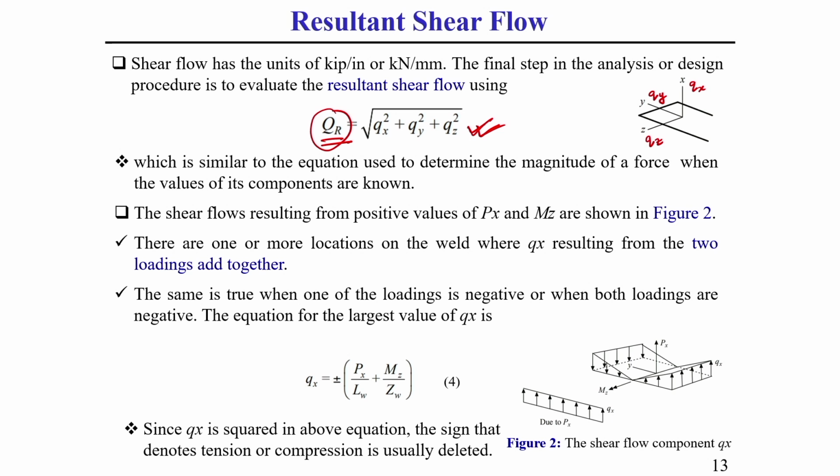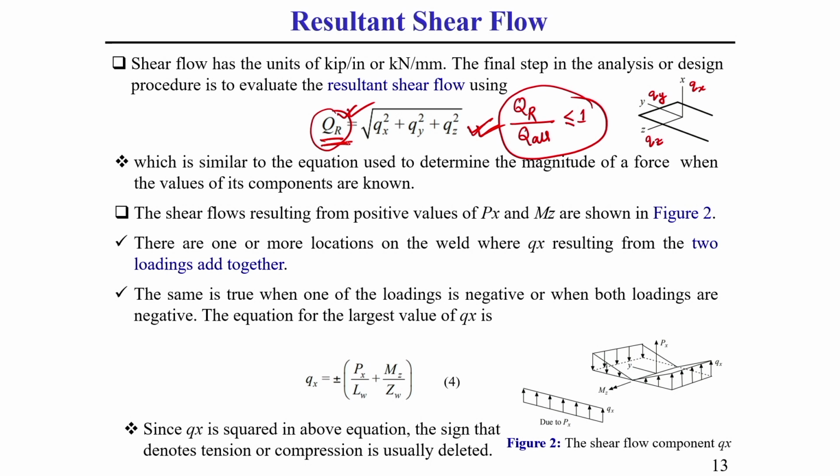One thing you should keep in mind: for a set of welds, first we need to find the resultant shear flow, and compare it with the allowable shear flow. The resultant shear flow should be calculated based on the maximum stress location.